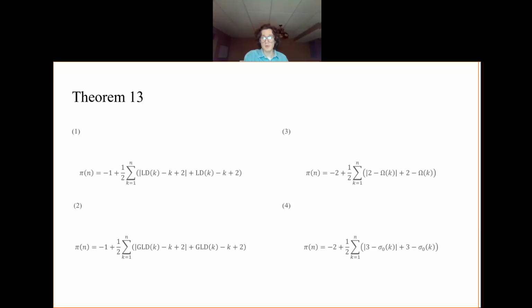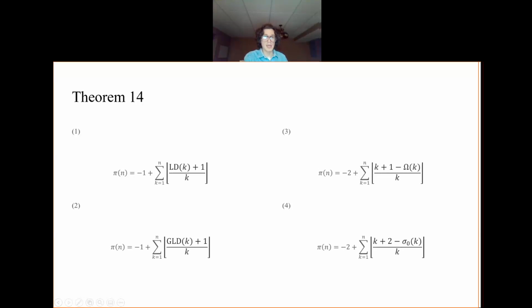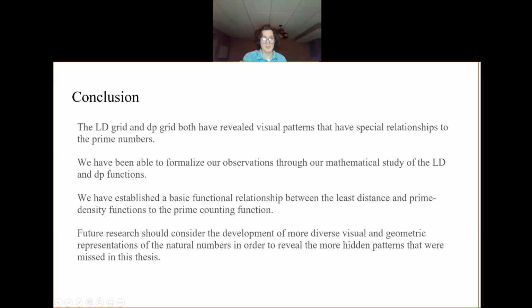Once again, fairly easy to prove because the summand is equal to 2 only for prime values, besides, of course, the number 1, which is why we subtract at the beginning. In theorem 14, similarly, we relate the LD, GLD, prime omega, and divisor functions to pi of n using, again, the floor function. Fairly easy to show because the summand is equal to 1 only for prime values.